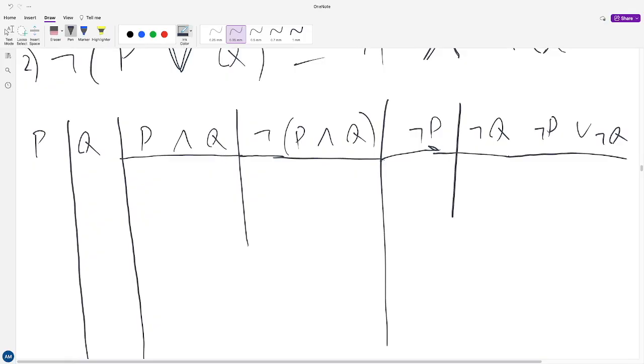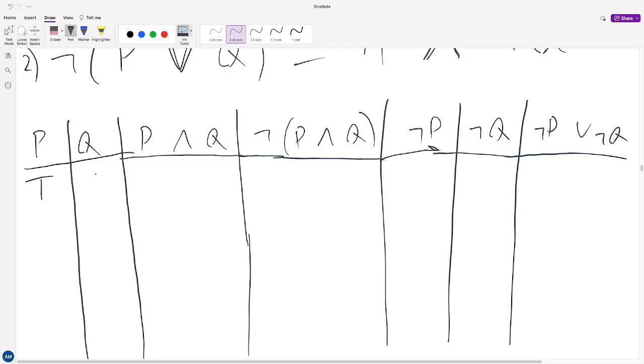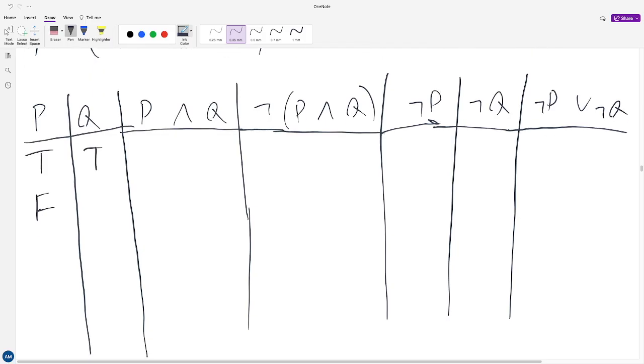So draw the truth tables like this. True, true, false, false for P and true, false, true, false for Q. So P and Q, as we've seen before, this will be true, this will be false, this will be false, false.